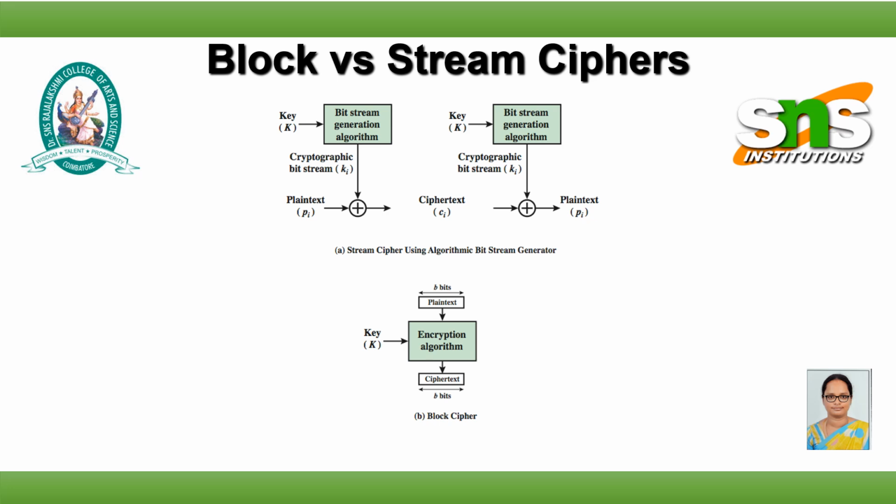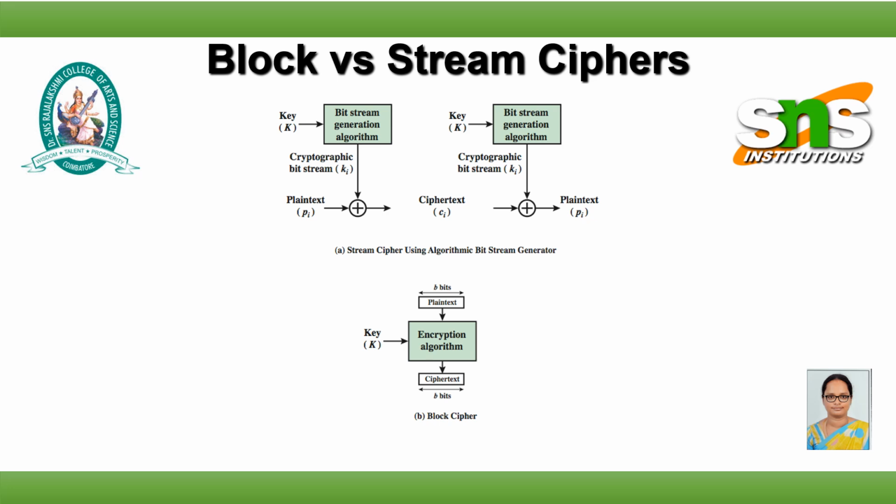After combining the key and the bit stream generator algorithm, a cryptographic bit stream is generated. After that, that stream is combined with plain text to produce the ciphertext. The opposite of this is performed for decryption.